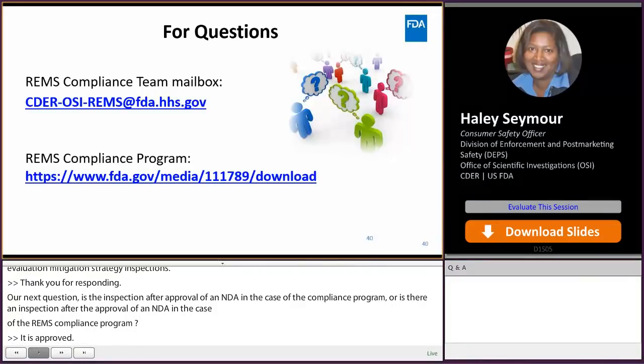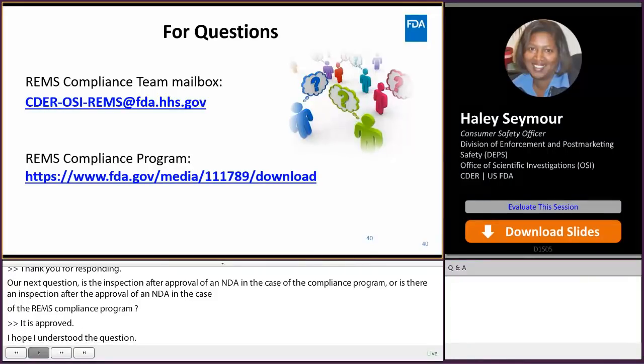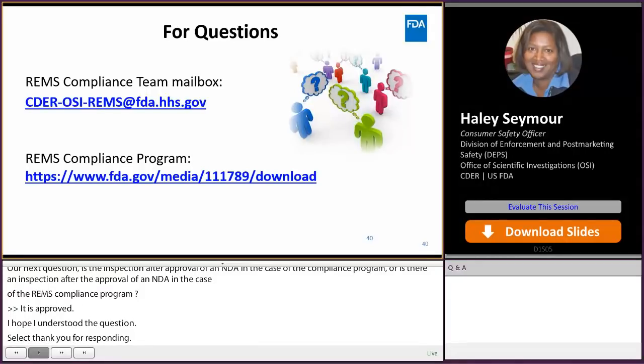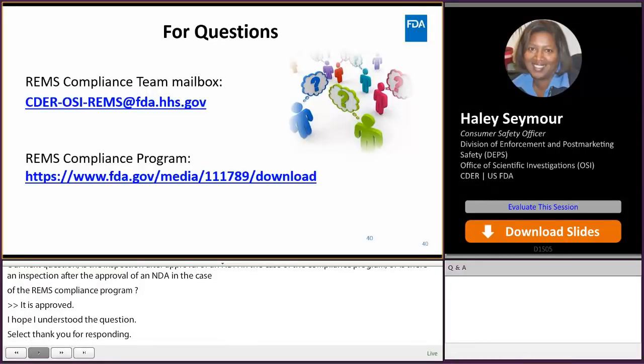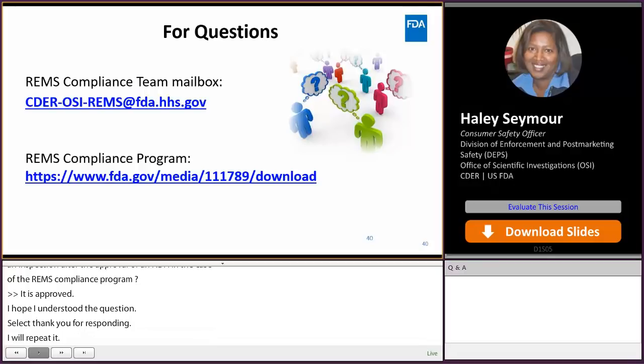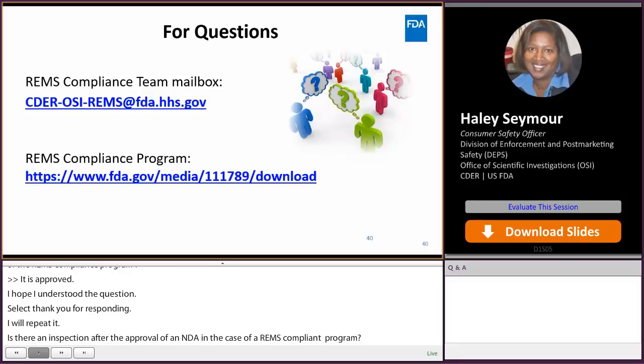Is there an inspection after the approval of an NDA in the case of the REMS compliance program? My understanding from the question is, yes, we do conduct REMS inspections after the NDA is approved. So the answer would be yes. That's when we conduct the REMS inspection.